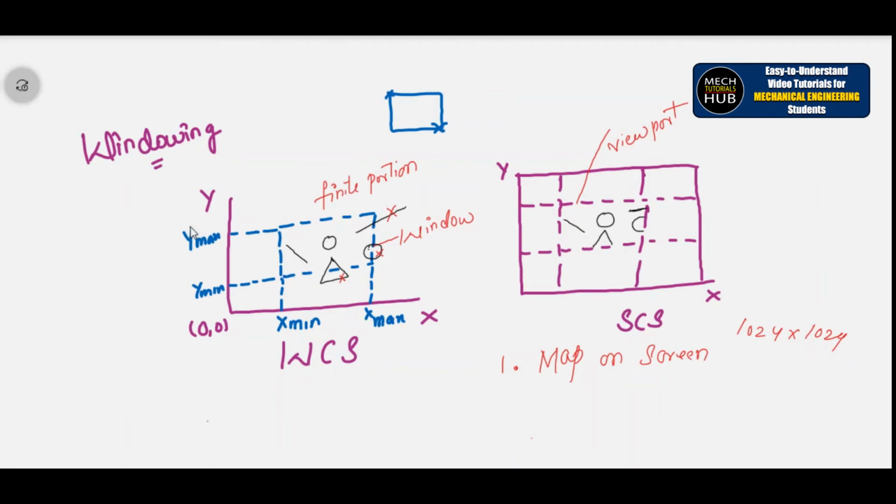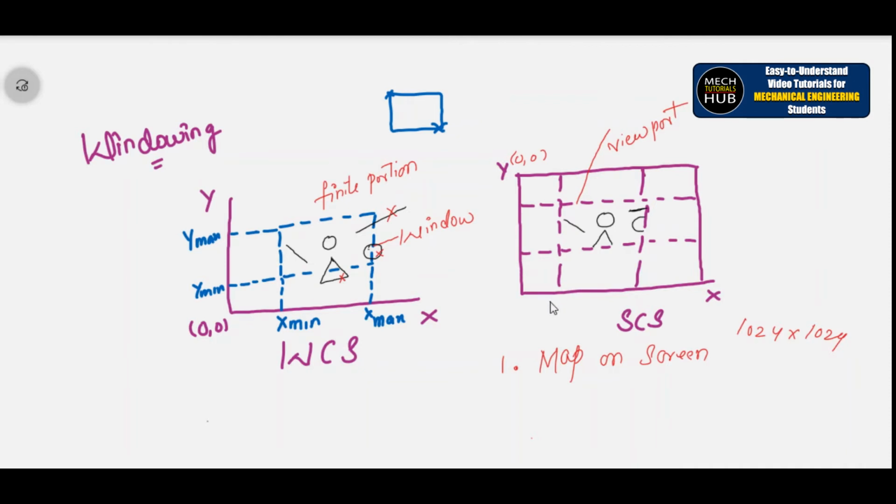Whatever information you have picked from the world coordinate system is going to be visible in a coordinate range of 1024 by 1024. This is what happens. Now, when it comes to the screen coordinate system, the top corner is always called the origin (0, 0).